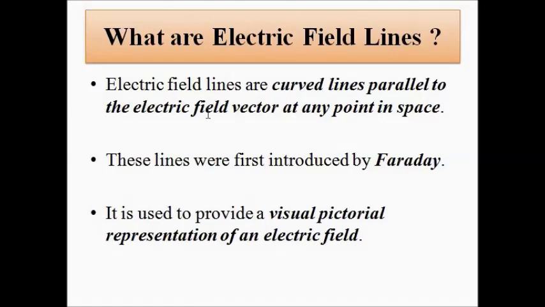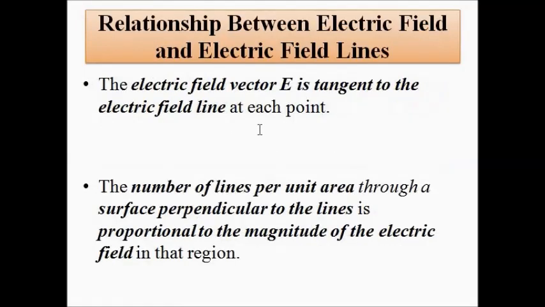So the electric field vector is actually a tangent to these curved electric field lines. Again, the relationship between the electric field and electric field lines: the electric field vector is tangent to the electric field lines.